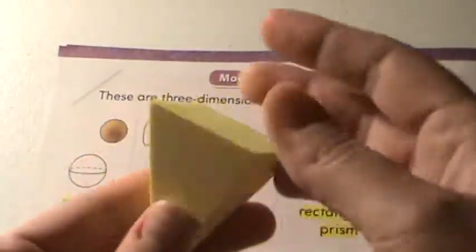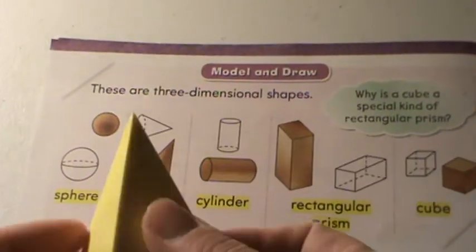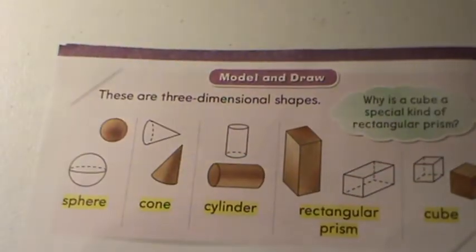So it's not a cone because it's not round on the bottom, but it's not a cube because it actually has a point to it. So this is actually called a pyramid.